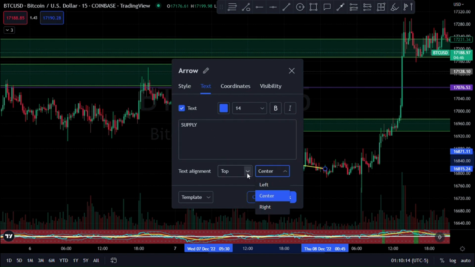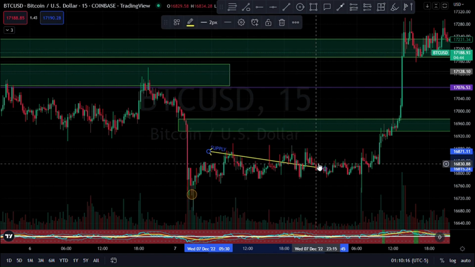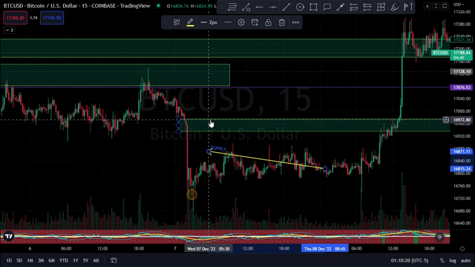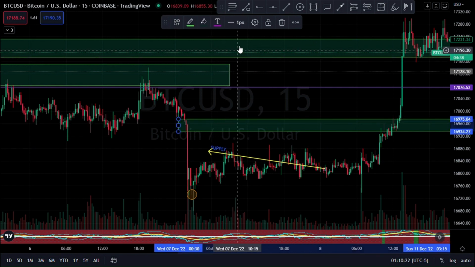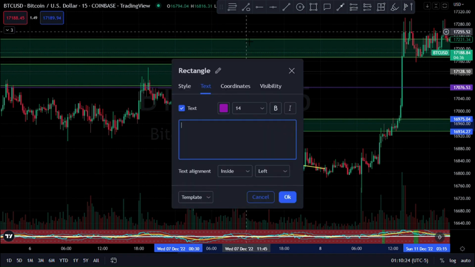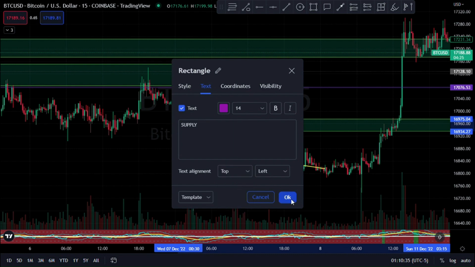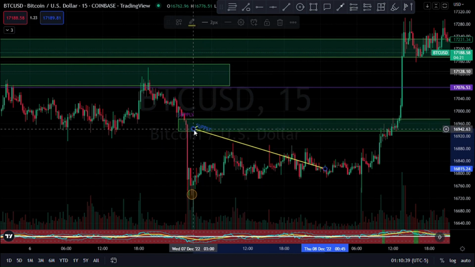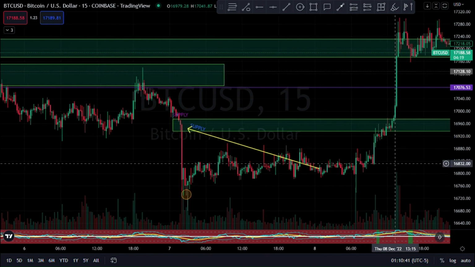Let's do top left because I'm going to need it somewhere else. Of course, wrong thing. Why would it be the right thing? There we go. Let's do top left. All right, so it's a supply zone right here. Let's take it over.